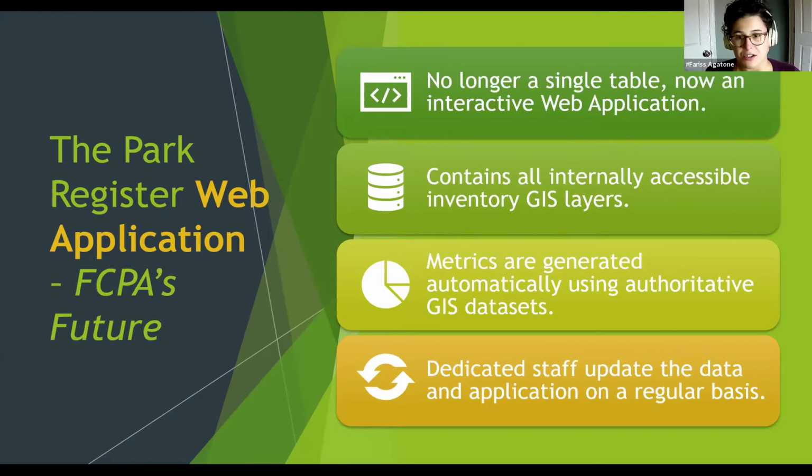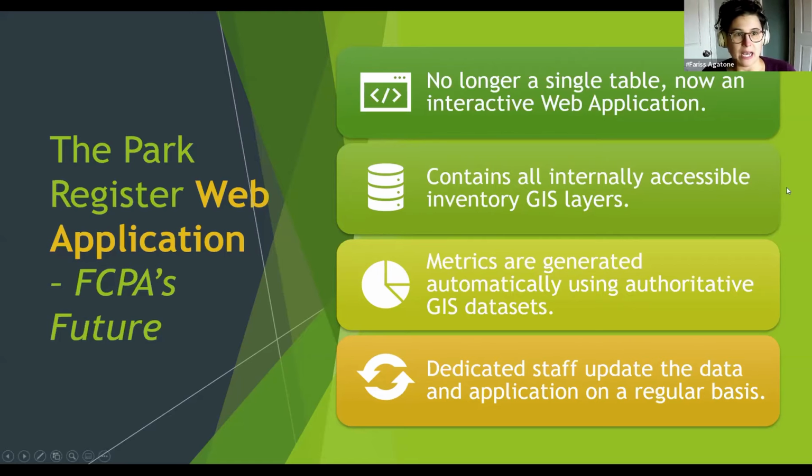So all of our layers are available in this Park Register. Rather than manually generating metrics, the Web App Builder app generates them automatically using one of the widgets, which I'll show you. And then of course now, since the GIS staff has expanded, we have dedicated staff that update the data and the application itself on a much more regular basis.